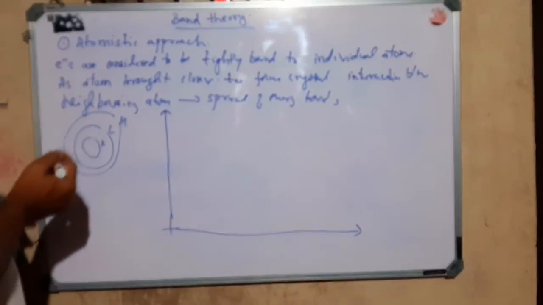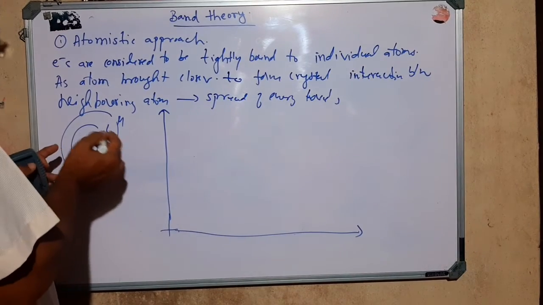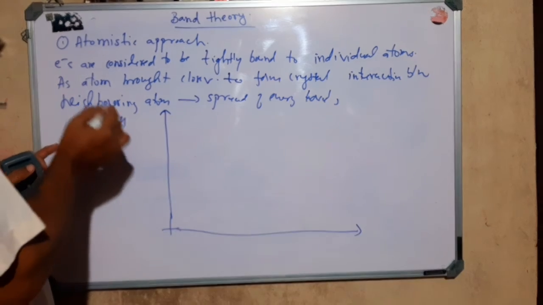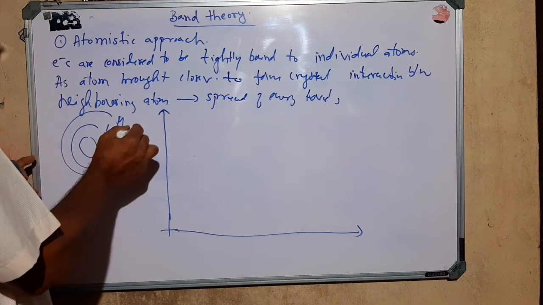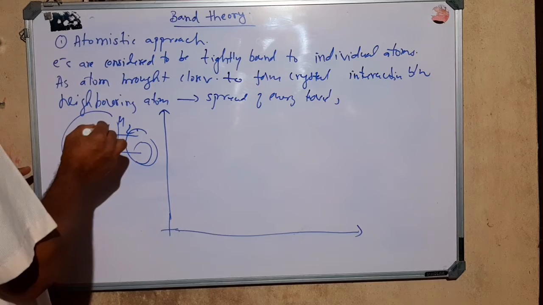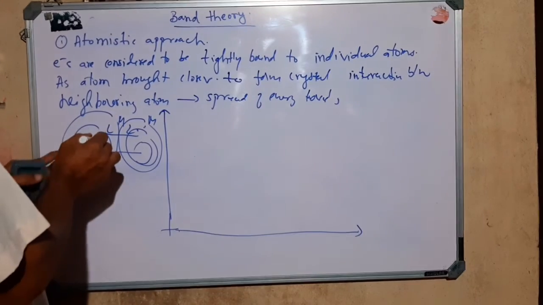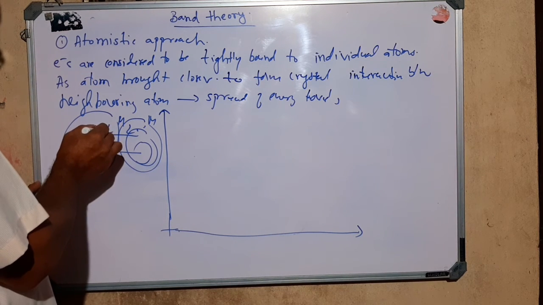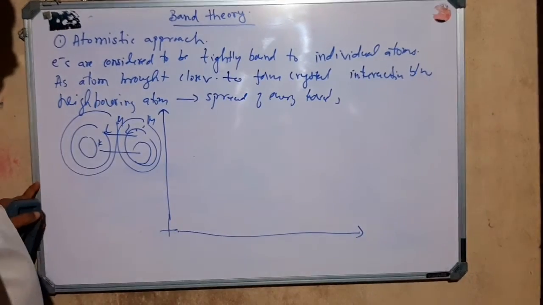When you bring the atoms close together, the interaction between electrons belonging to the K shell is less compared to the L shell, because the separation between K shells is large compared to L shells. Interaction between L electrons is less compared to the M shell. That means there will be less energy spread in the K shell compared to the L shell, and less energy spread in the L shell compared to the M shell.